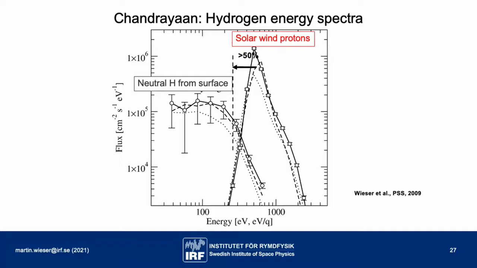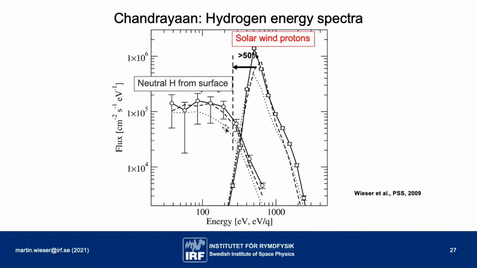But nevertheless, one can see that the intensity of the reflected neutral atoms follows the intensity of the solar wind. So this dotted line, for example, which has the lowest ENA flux, corresponds to the lowest proton flux onto the surface.